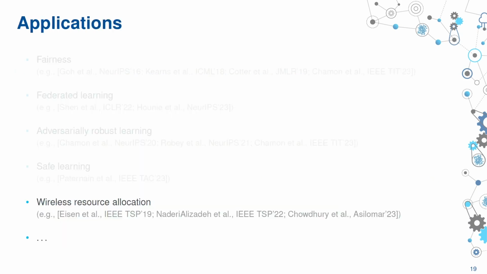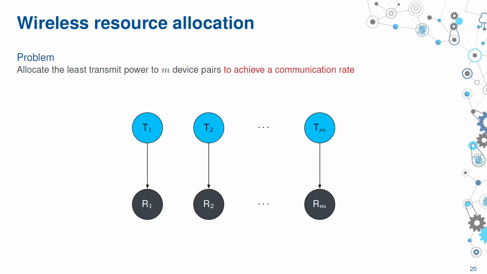And finally, wireless resource allocation. This one I'm going to spend one minute more on than I otherwise would, because it doesn't really look like a reinforcement learning problem, but it is. Okay. So the idea here is that we want to optimize the transmission power between elements to achieve a certain communication rate, right?